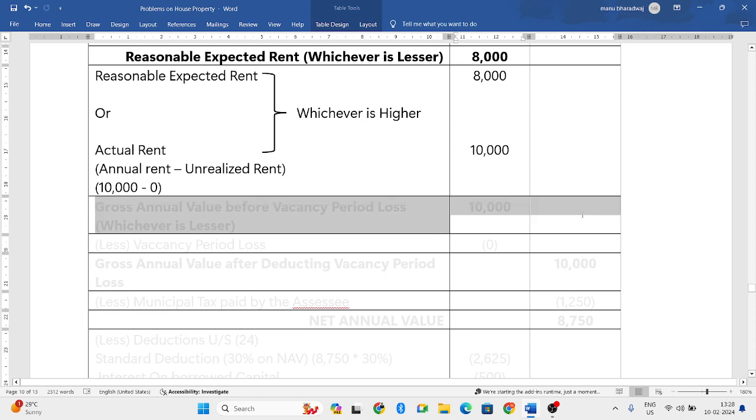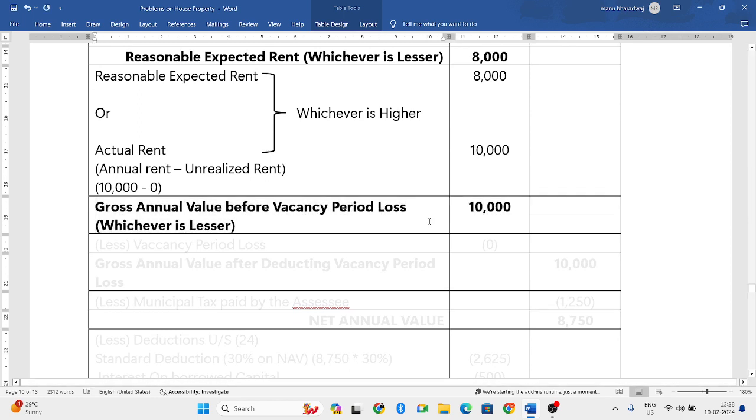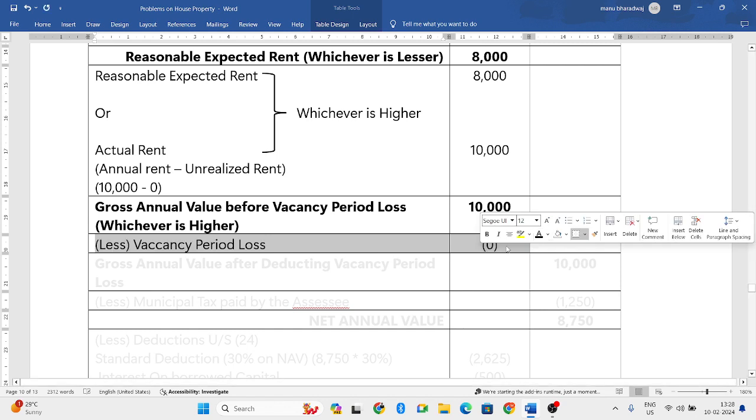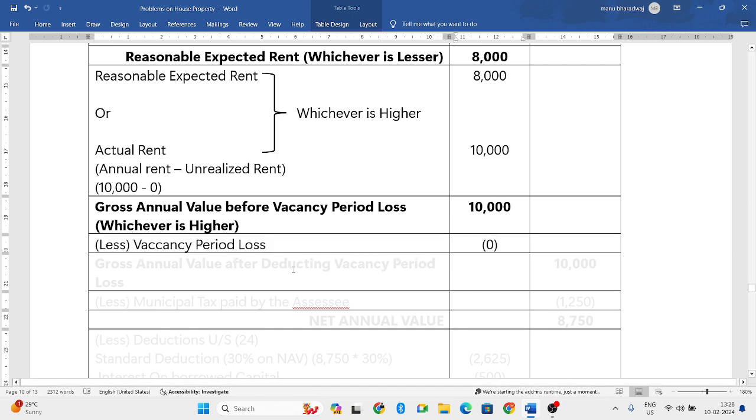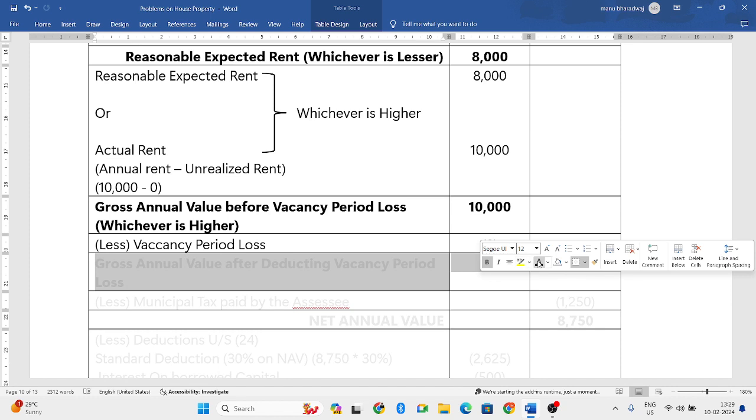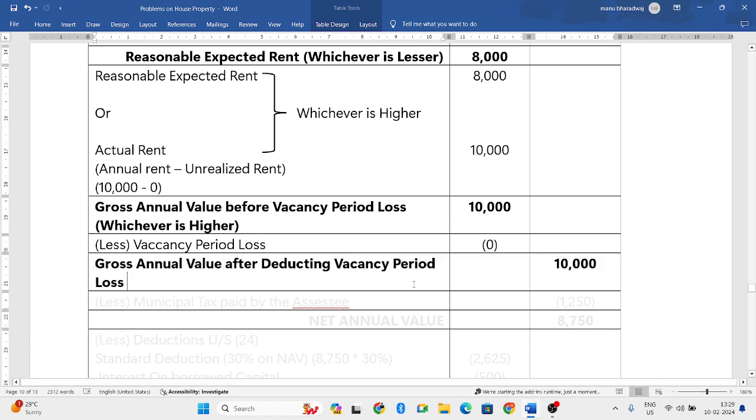Out of these two, whichever is higher, that is 10,000, we will consider as GAV before deducting vacancy period loss. From that, we will deduct the vacancy period loss. In the question, they have not given any vacancy period loss, so it will be considered as 0. So we get gross annual value after deducting vacancy period loss, that is 10,000.